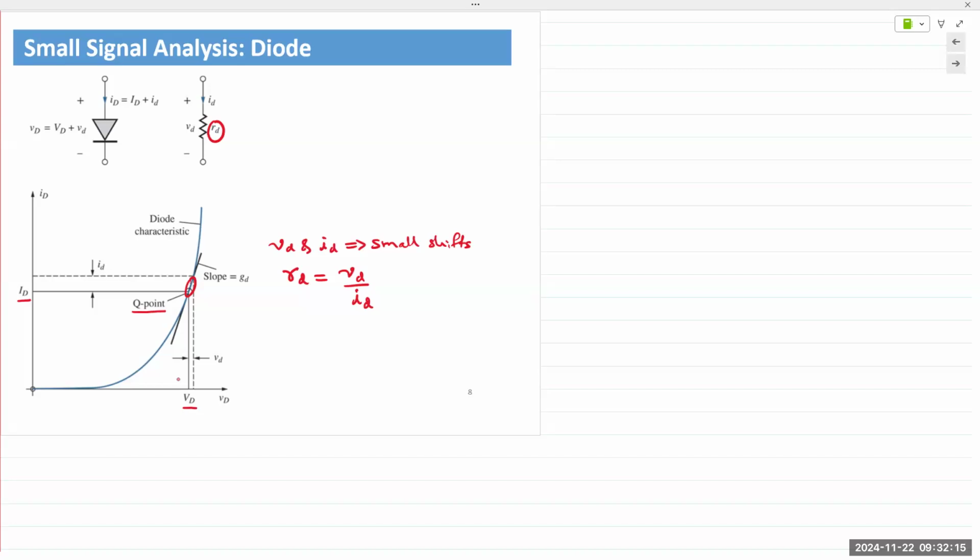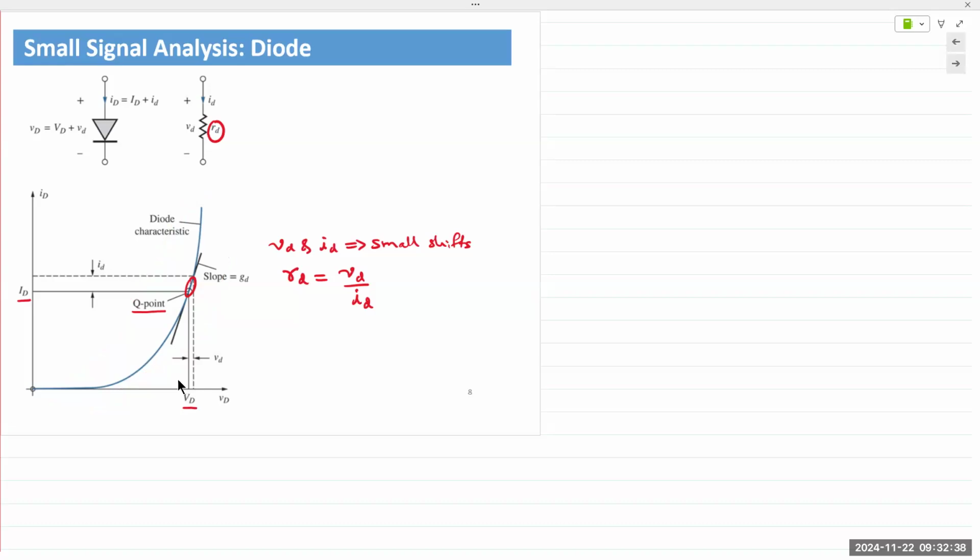Does that make sense? Our diode is a nonlinear device. If you look at the entire characteristic, it's nonlinear. Current does not have a linear relationship with the voltage. But if we zoom in so far that we have a very small slice of the characteristic, we can treat it as linear.